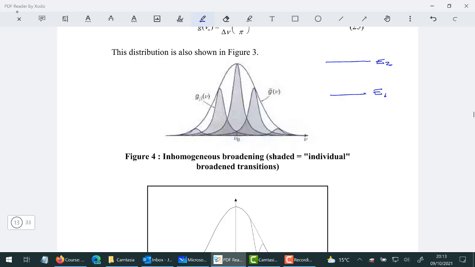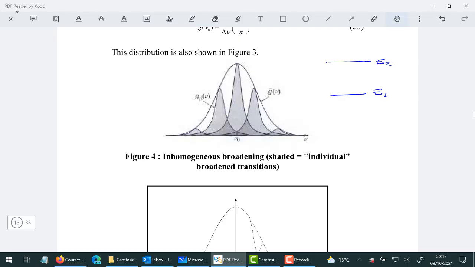If I apply my signal at this point here, then it's only these atoms which are around about that point that can interact with it. Okay, so these atoms over here, that's their transition.